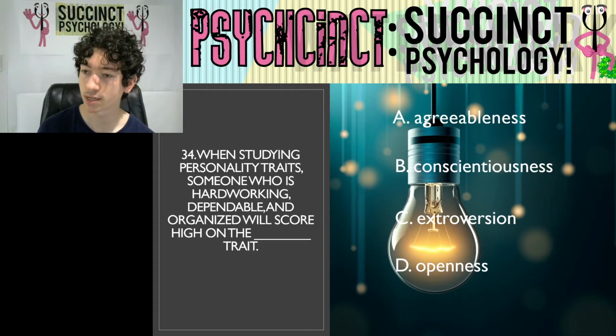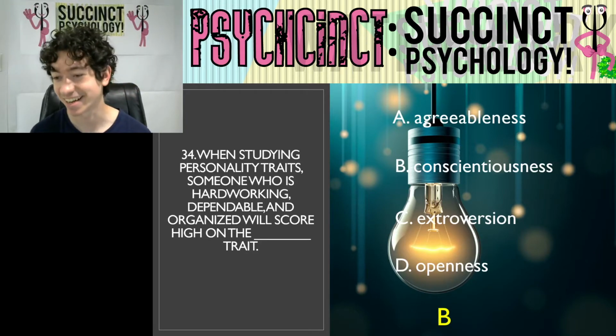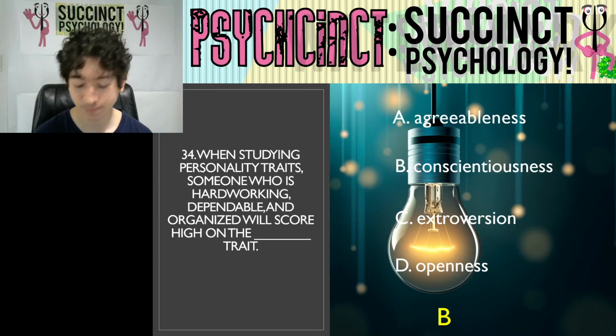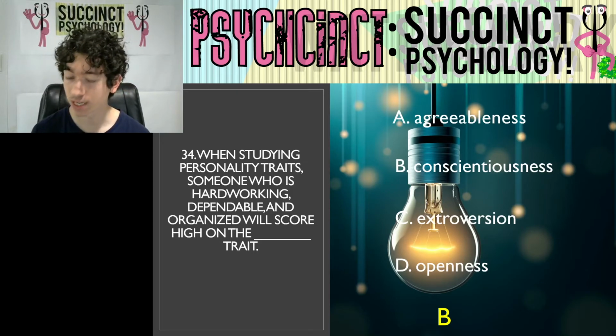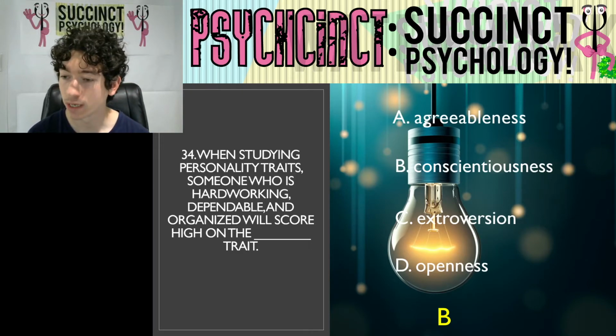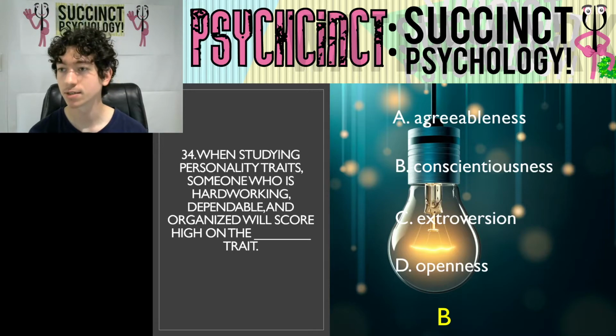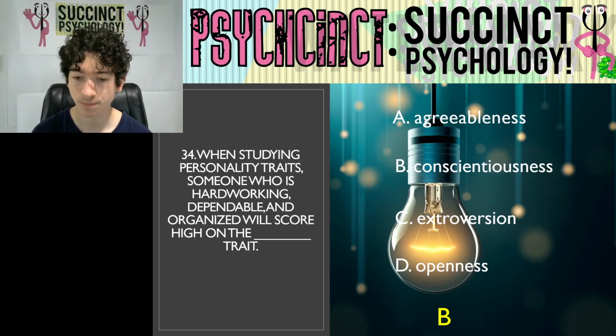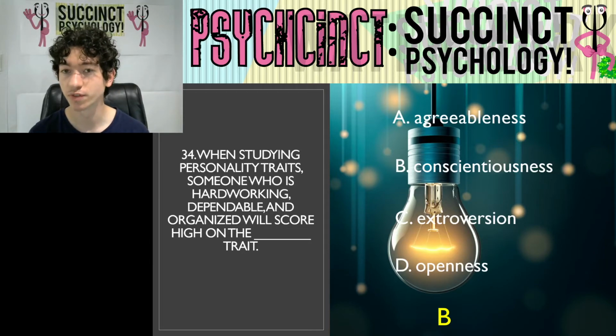We chose conscientiousness, I got it, it is in fact B. Extroversion has to do with warmth, how skilled a person is in social settings. Openness has to do with openness to new experiences. Agreeableness has to do with how accepting the individual is of others. Those are very general outlooks of each of these traits.